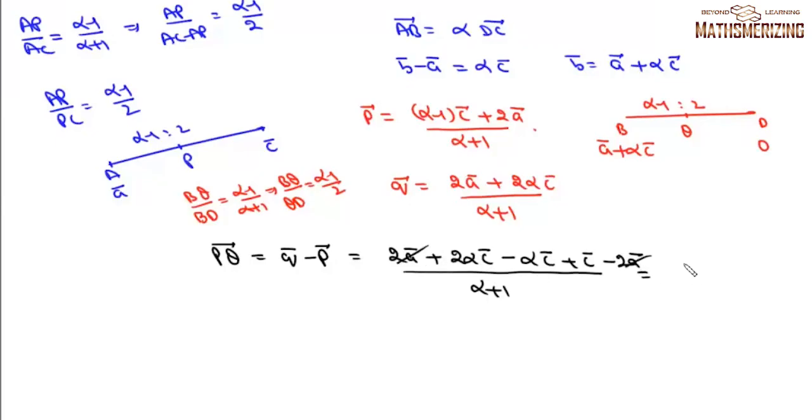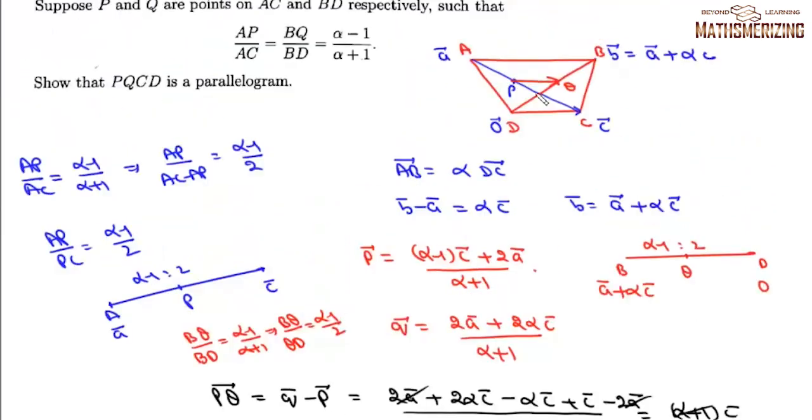So we'll get alpha plus 1 C upon alpha plus 1, that is PQ is equal to DC. So these two vectors PQ and DC are parallel and equal. And if they are parallel and equal, that means this PQCD is a parallelogram. And this is what we need to prove in this question.